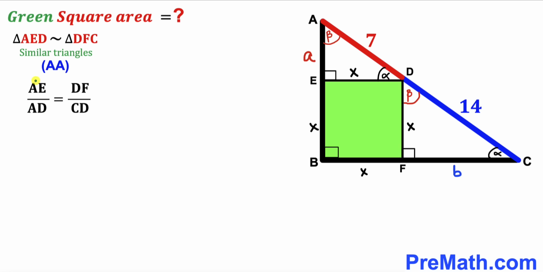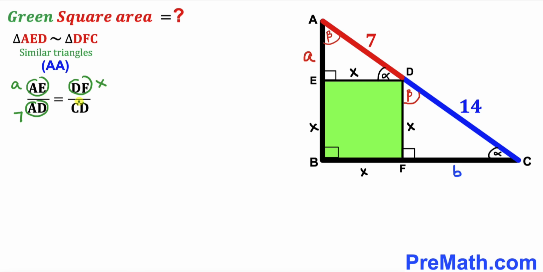Now let's focus on the AE segment. Our AE segment is lowercase a, so I'm going to replace that with a. Our AD segment length is 7, so I'm going to substitute 7 over here. Likewise, our segment DF in our case is x, so I'm going to replace that with x.